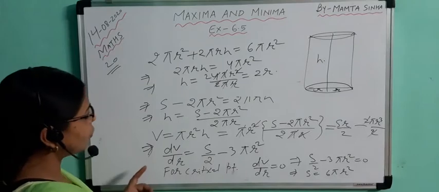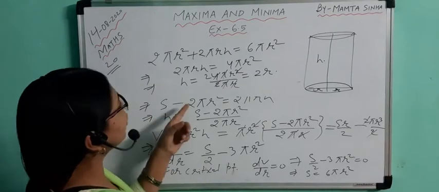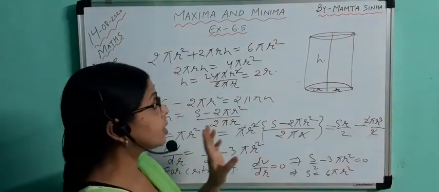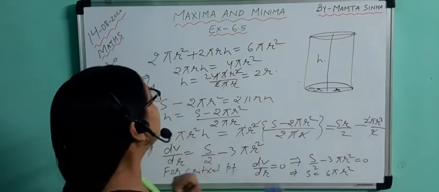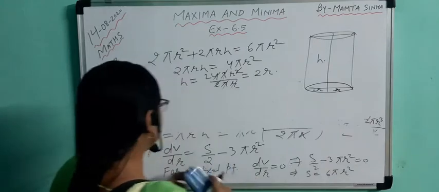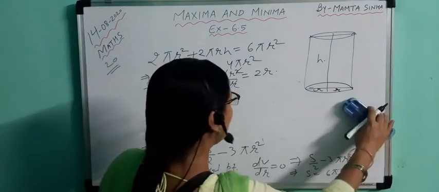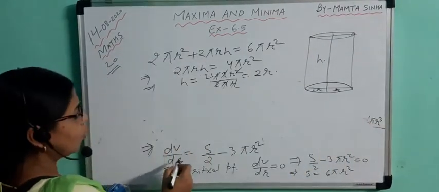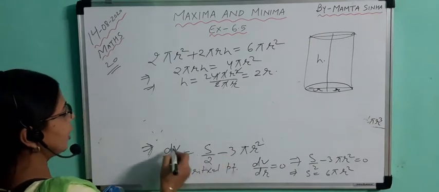Now we want to show that this value gives the maximum volume of this right circular cylinder. So again differentiate dV by dr with respect to r.